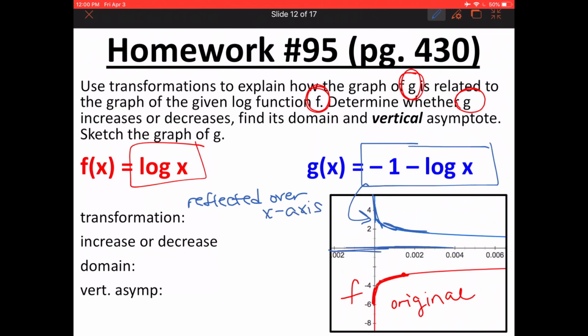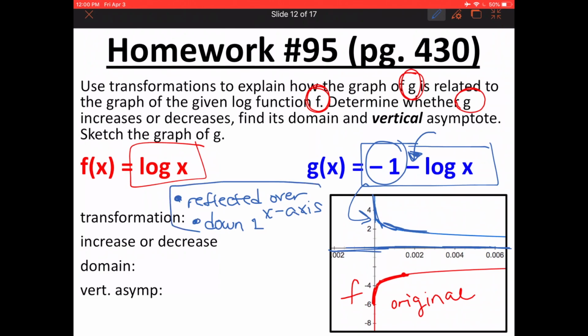Here's my x-axis, and it has been flipped over that x-axis. And notice, why did that take place? Because of that negative. Whenever there's a negative that's being multiplied, it's going to reflect. And then what's the other thing that it's done? It's not only reflected, but this -1 means that we also went down 1. So there were two transformations that took place.